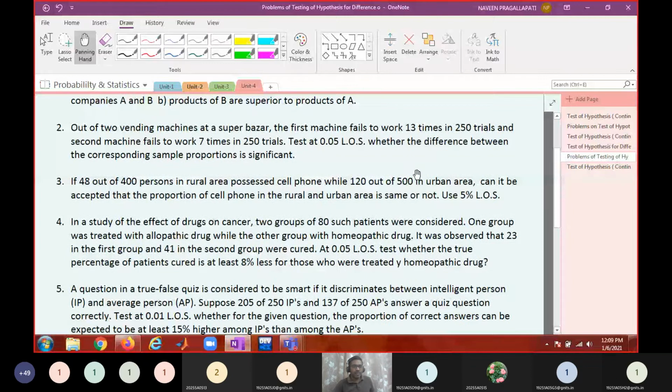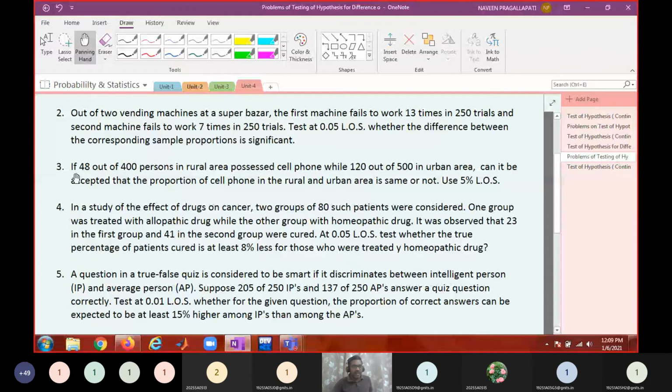Now can you see the third problem? If 48 out of 400 persons in a rural area possessed cell phones, while 120 out of 500 in an urban area, can it be accepted that the proportion of cell phones in rural and urban areas is the same or not? Use 5% level of significance. Again, this is also similar.